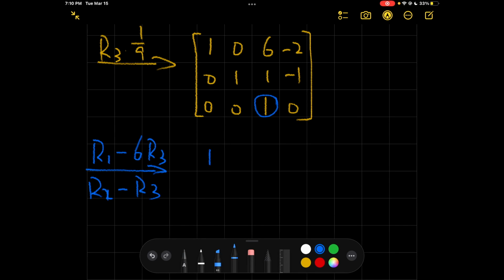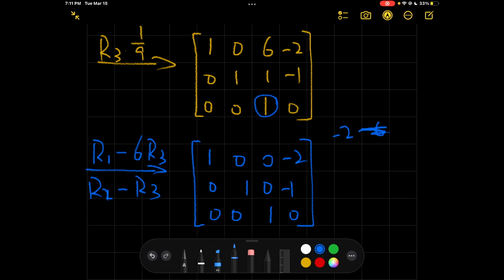Row 1 minus 6. So 1, 0, 0, -2 minus 6 of 0 is -2. And row 2, oh wait, row 2 you change. 0, 1, 0, -1, and 0, 0, 1, 0.